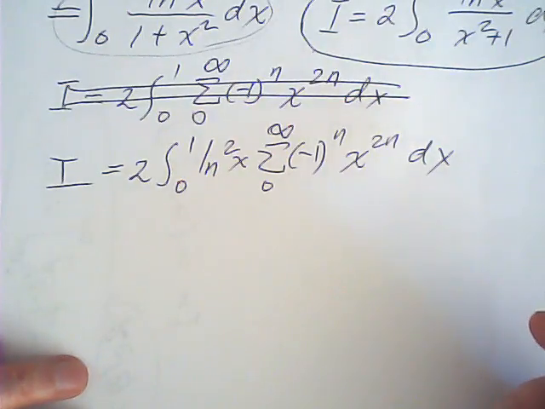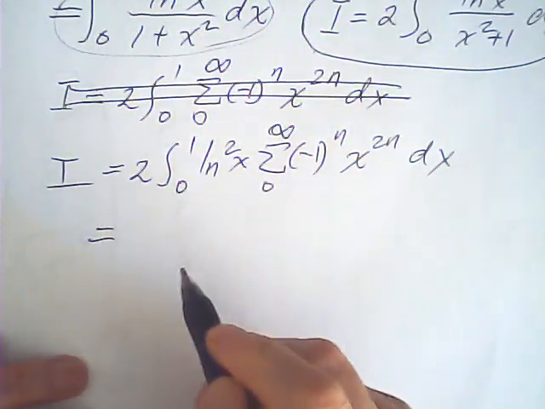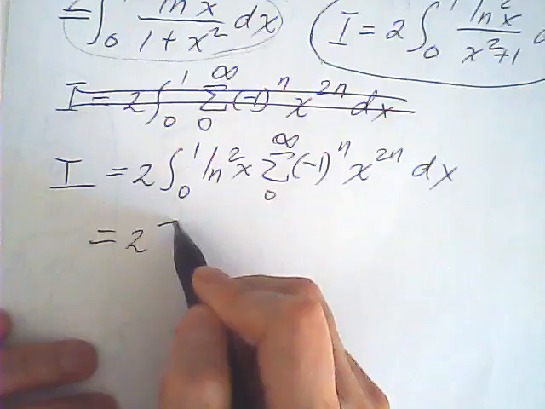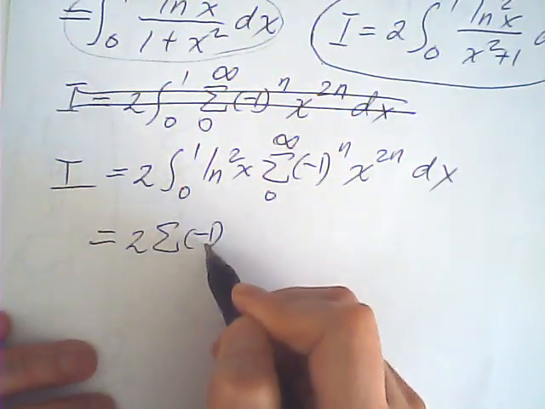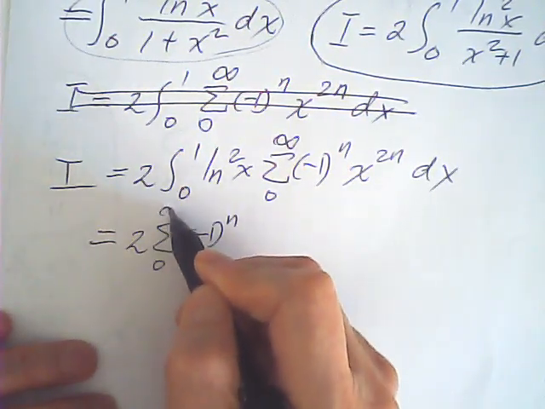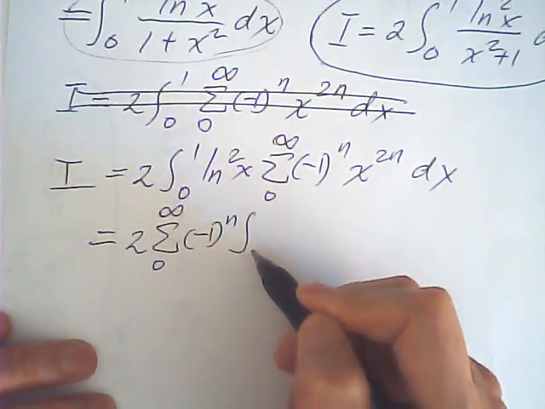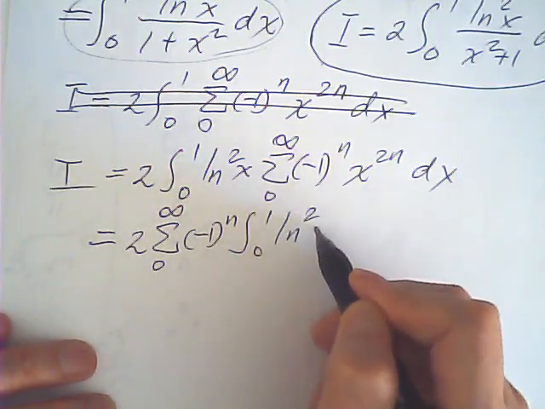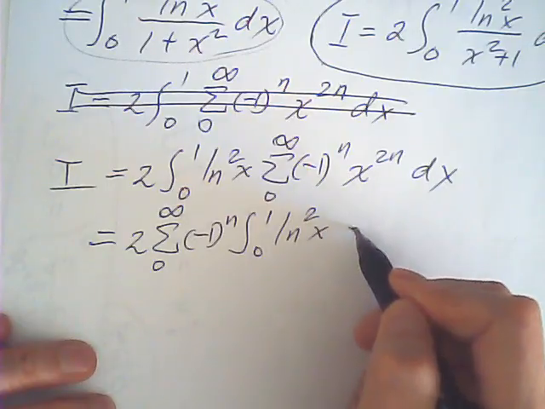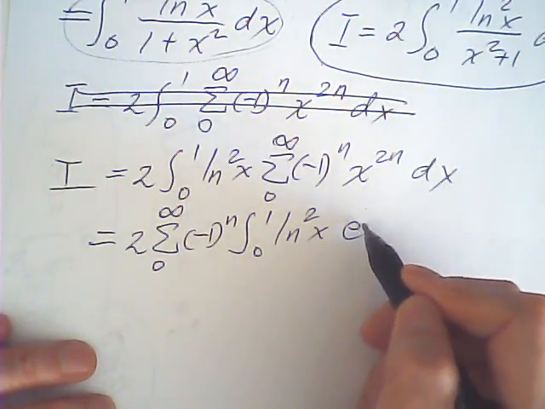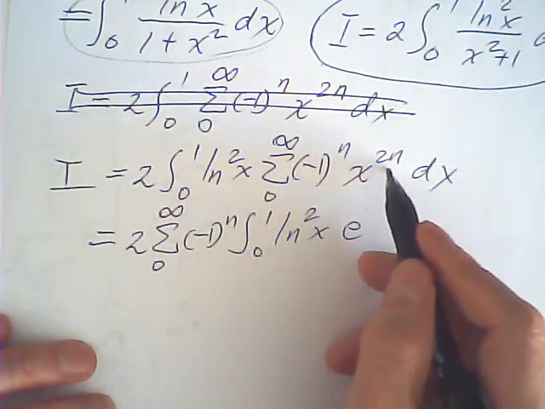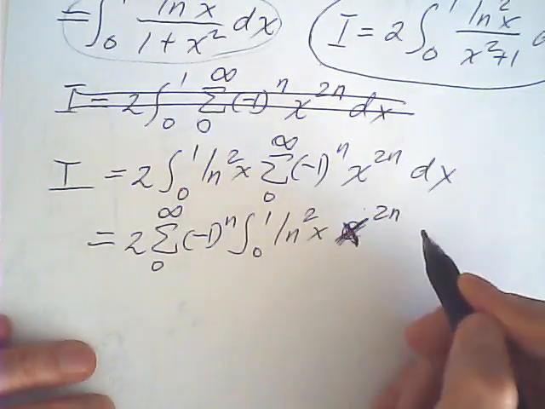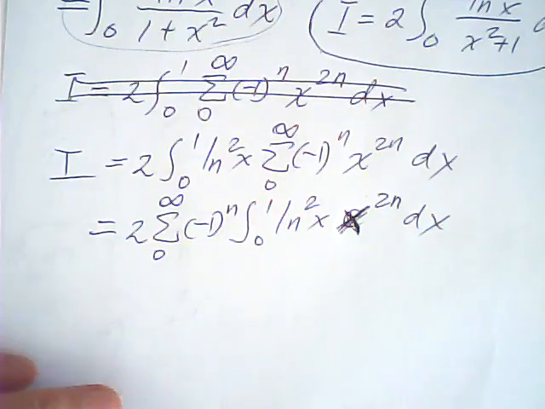So this one is equal to 2. I take this sigma out, negative 1 to the n, integral 0 to 1 log square x times x to the 2n, dx. That's better.